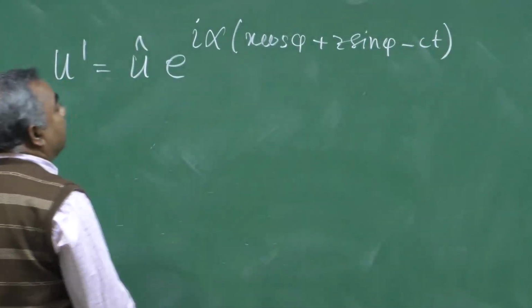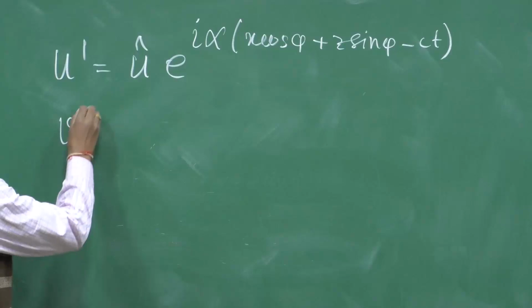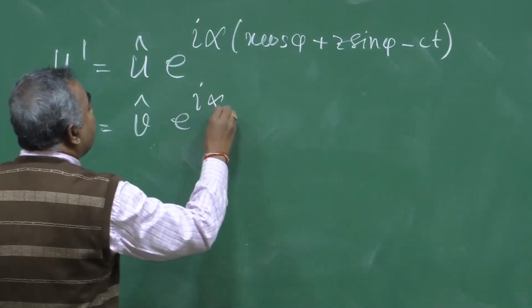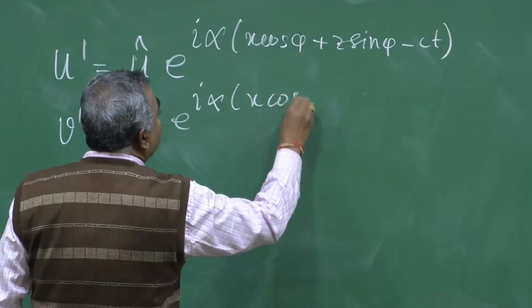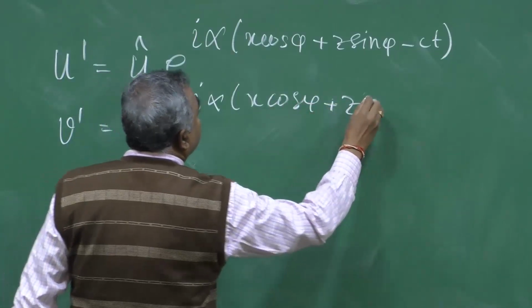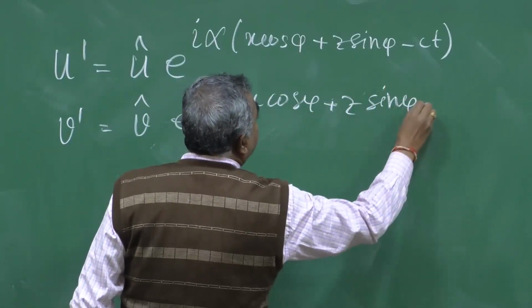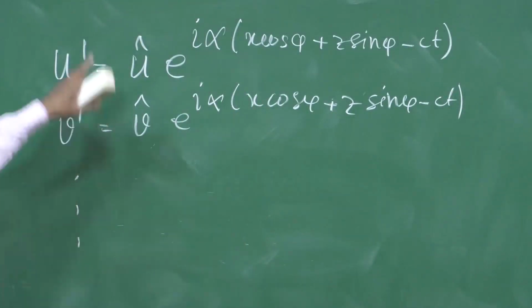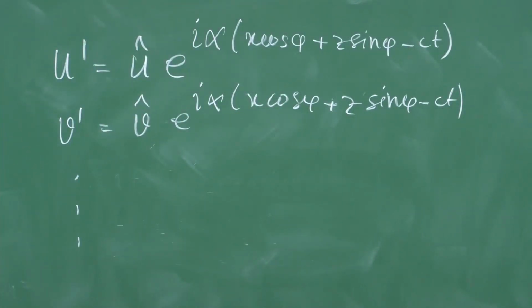Similarly, your v prime is equal to v hat exponential i alpha (x cos phi plus z sin phi minus c t), and so on for w prime and p prime.